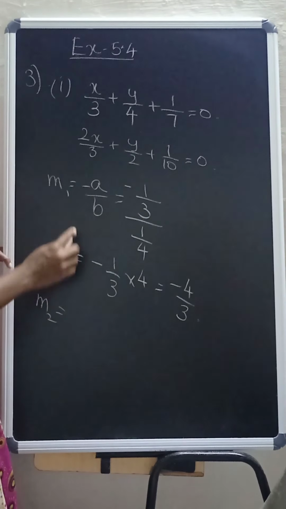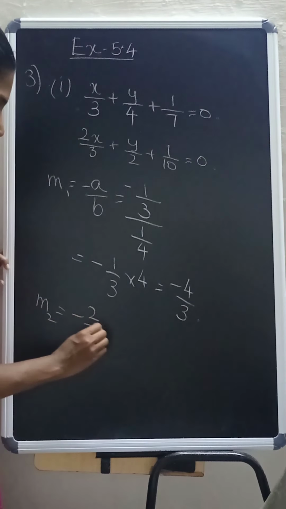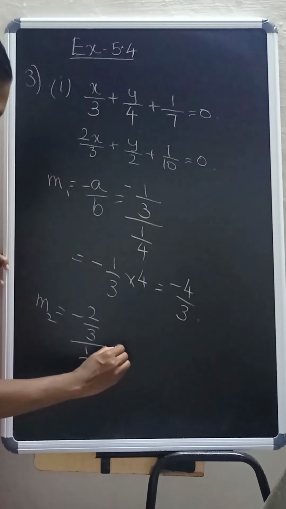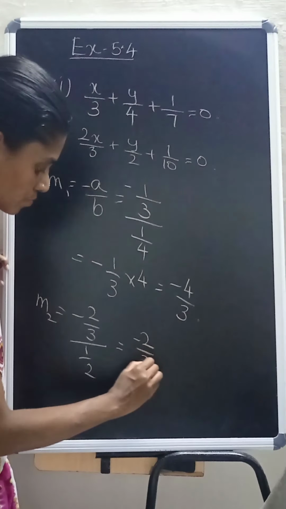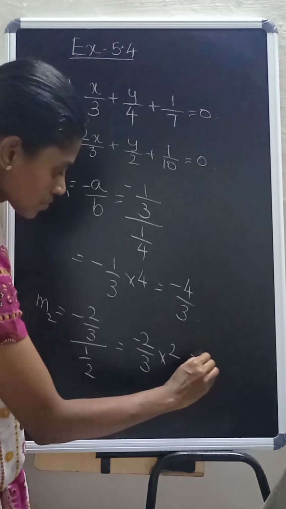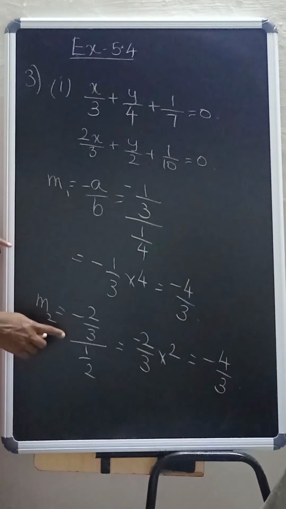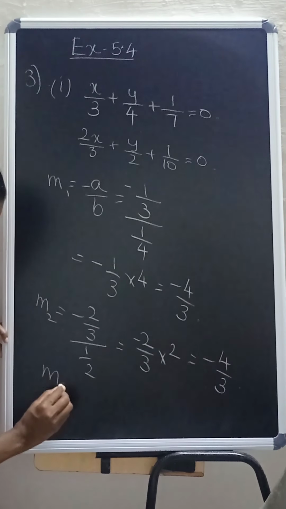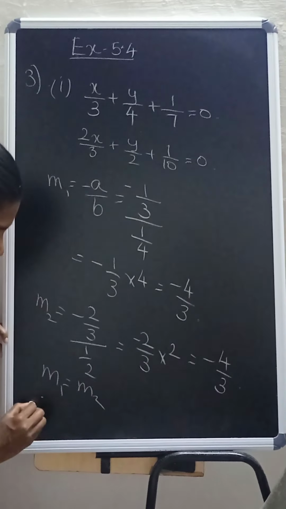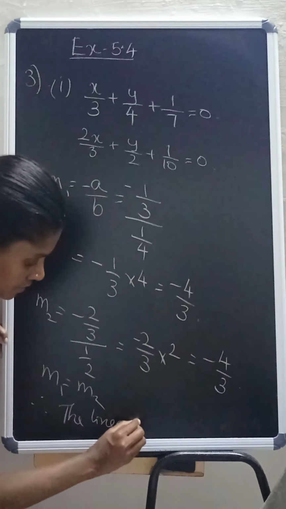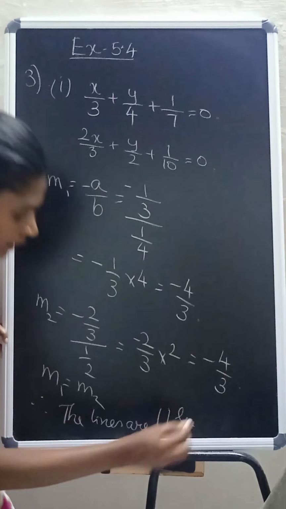Same, minus a by b. Minus 2 by 3 divided by 1 by 2. You can see m1 is equal to m2. Therefore the lines are parallel.